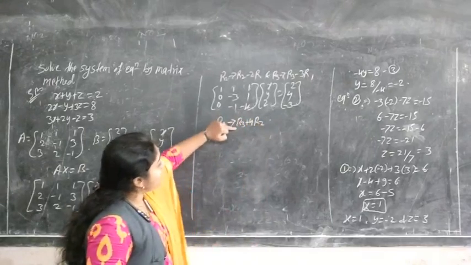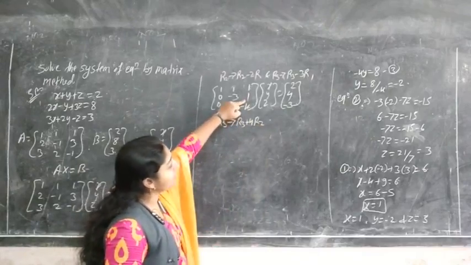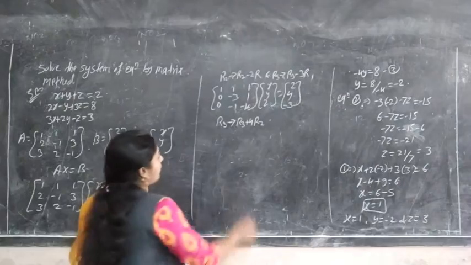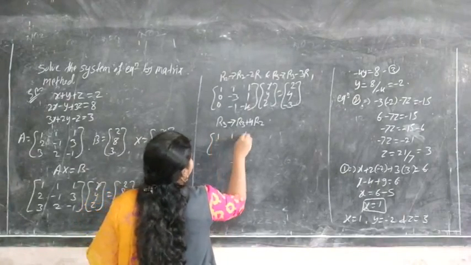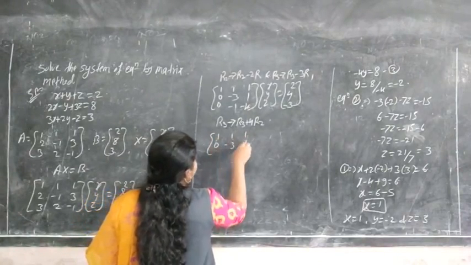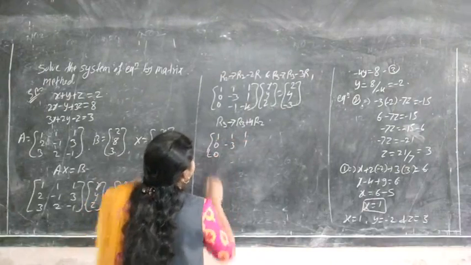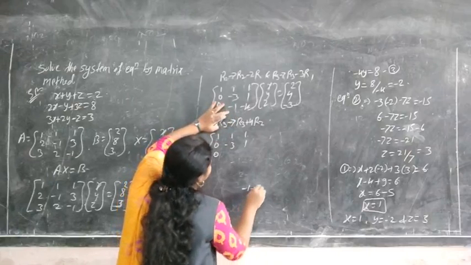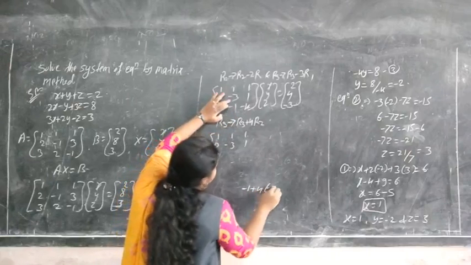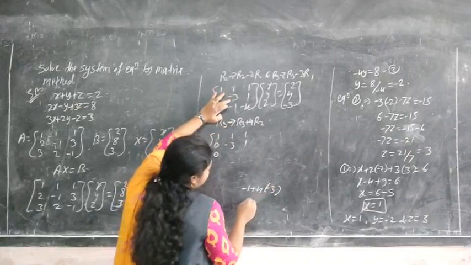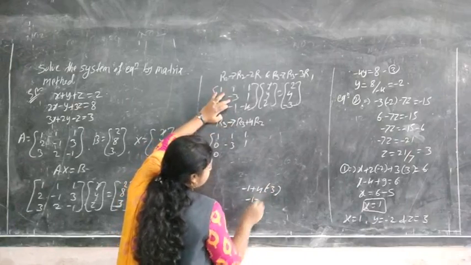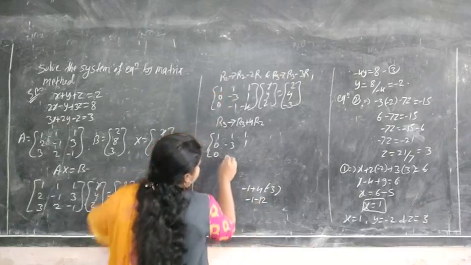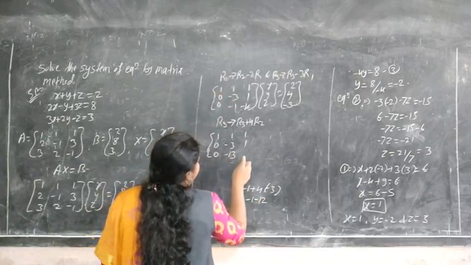Because R3 is -4 plus 4 into 1 is +4, you will get 0. Okay. So what is the matrix then? 1, 1, 1, 0, -3, 1. In R3 you get 0 first because here we have 0. R3 is -1 plus 4 into R2, which is -3 here. So -1 minus 4 into 3 is 12. So here you get -13, right?